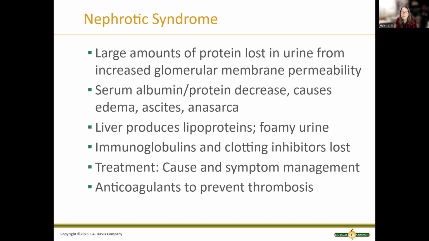So if you don't have enough of that, your body is more likely to form clots randomly, which could become a thrombosis or an embolus, which is a traveling blood clot that can kill you. So we give those patients anticoagulants to prevent the formation of blood clots in a patient that is undergoing nephrotic syndrome.